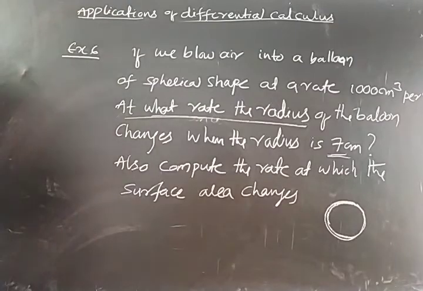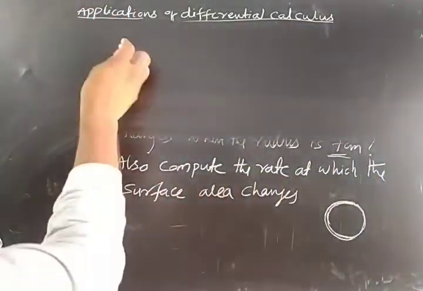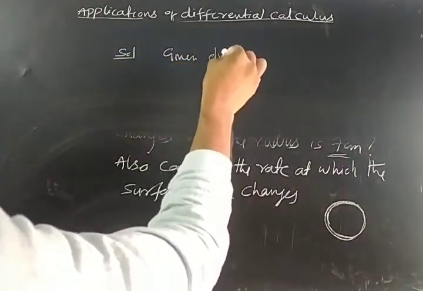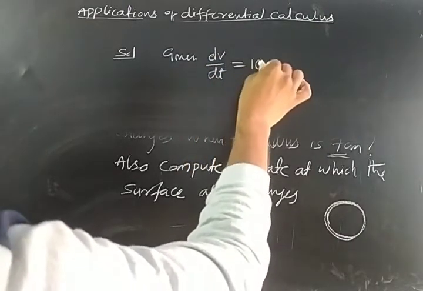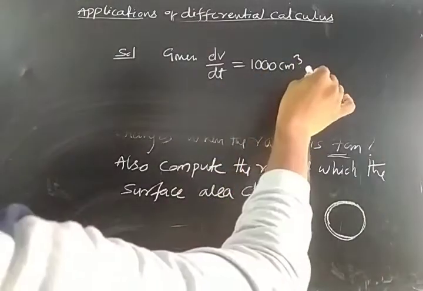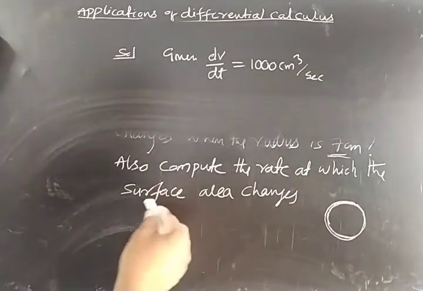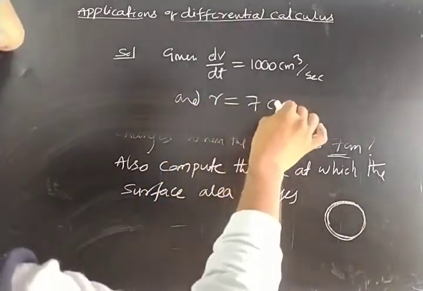Right, so I am writing the given information. Given dV by dt is 1000 centimeter cube per second, and r is equal to 7 centimeters.